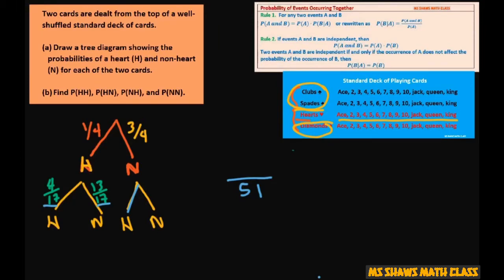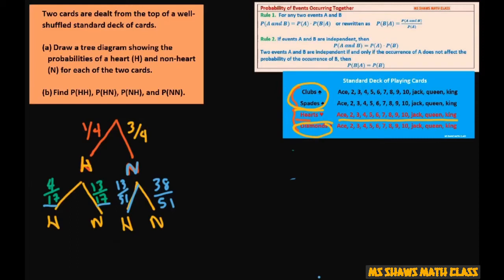For a heart there's 13 out of 51, because you haven't drawn a heart yet, you drew a non-heart first, but you only have 51 cards. So this is going to be 13 out of 51, and then all we have to do is subtract 1 minus this, and that's going to give you 38 out of 51. So that way you don't have to do all this algebra stuff.